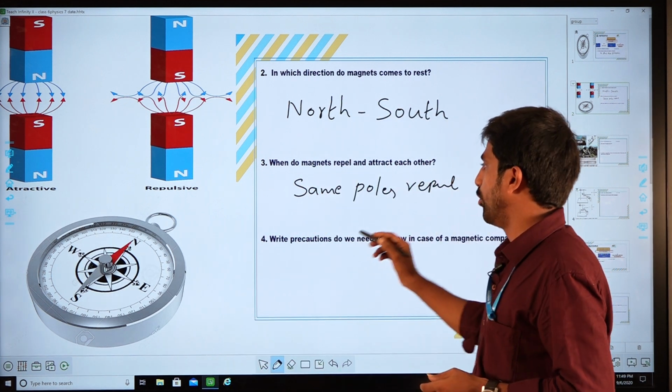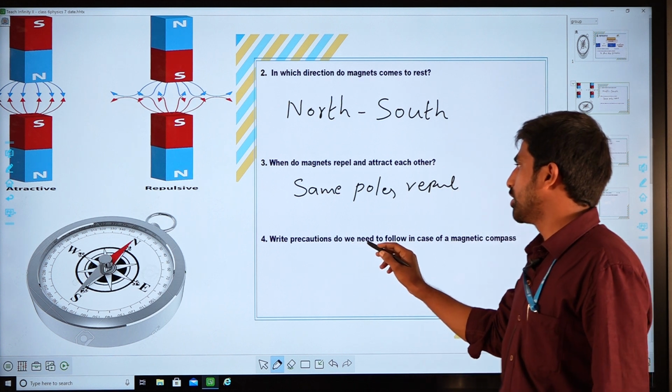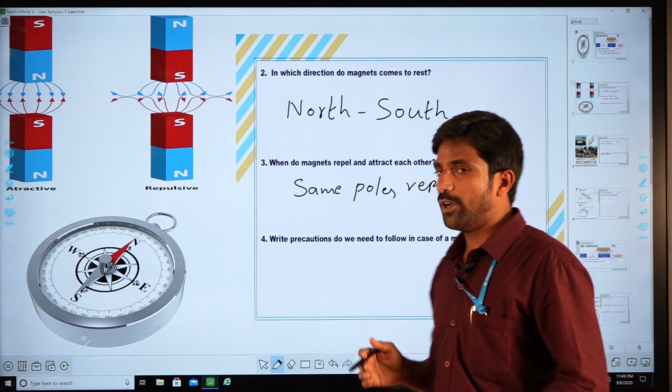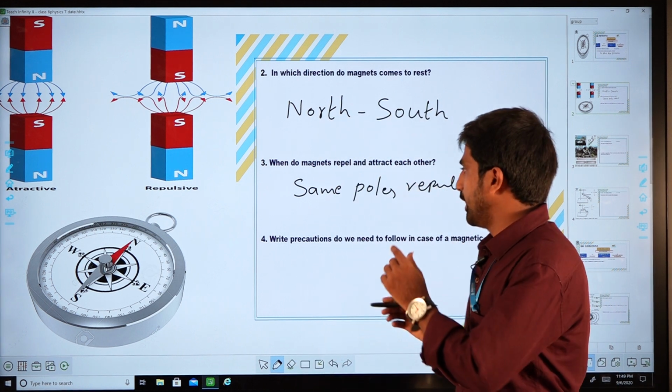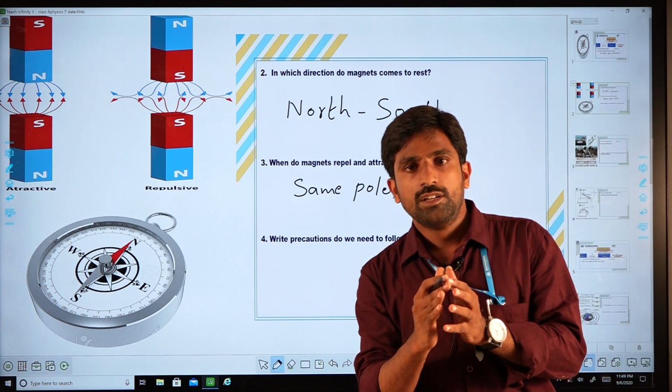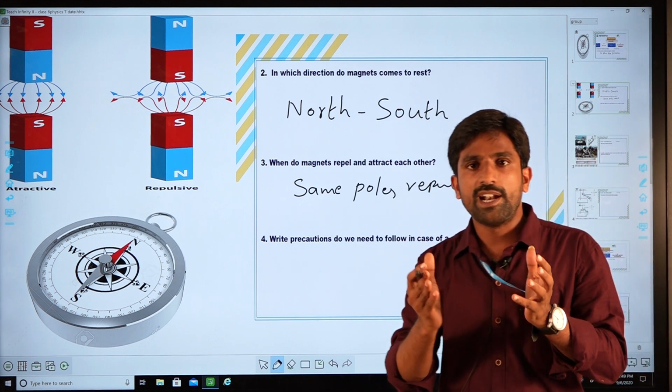Coming to question number 4, what precautions do we need to follow in the case of a magnetic compass? So what type of precautions are we taking here? The magnetic compass and magnets should not come together, because repulsion and attraction take place.